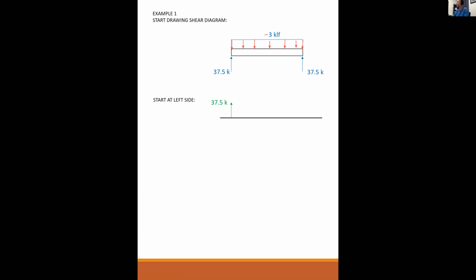And the area from A to B, this is 25 feet. So the area of the load diagram is minus 3 times 25, which is equal to minus 75 kips.